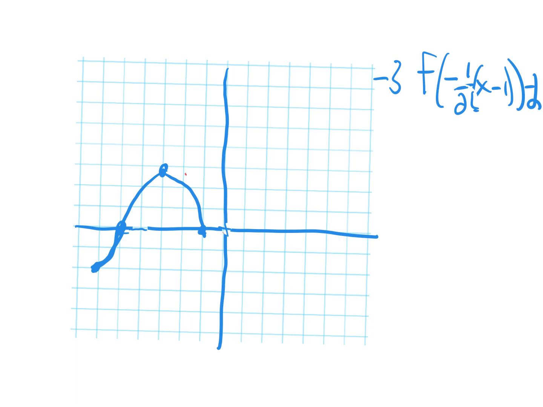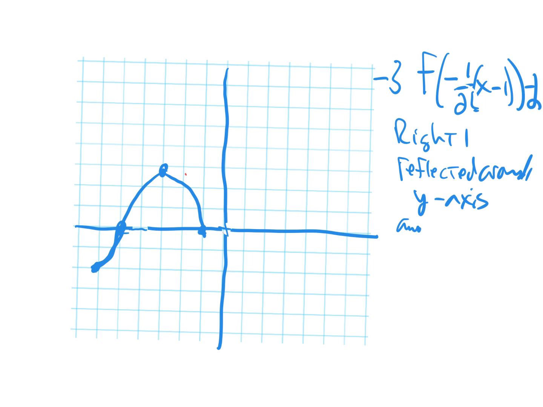So I see x minus 1, that tells me this is shifted right one. And then I see the negative 1 half, that tells me a reflection around the y-axis, and a stretch horizontally.